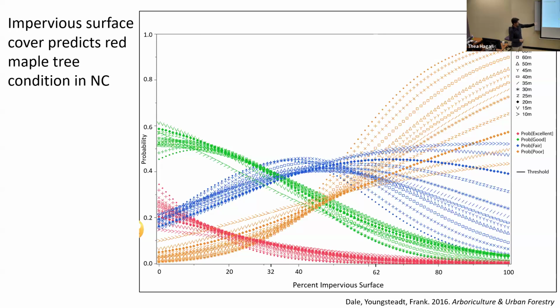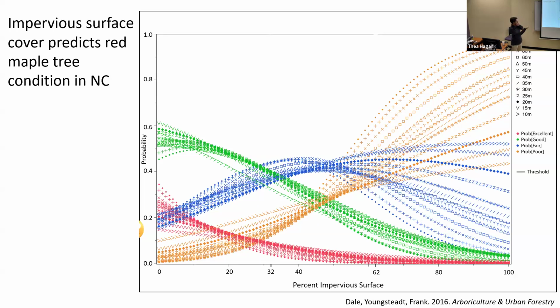So what this shows us is that as the amount of pavement around a planting site increases from 0 to 100%, if you look at our green lines, that's our good trees. The likelihood of a tree being in good condition goes down as the amount of pavement around that tree increases. And our orange line is our poor condition. The likelihood of it being in poor condition increases as you get more pavement.